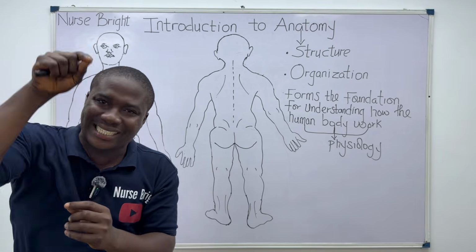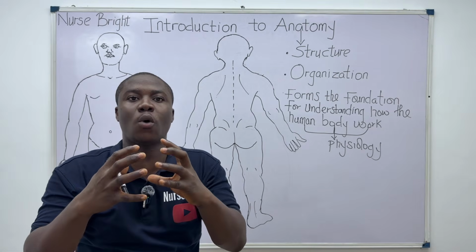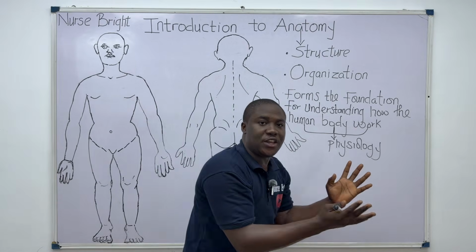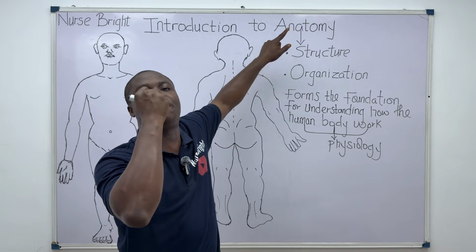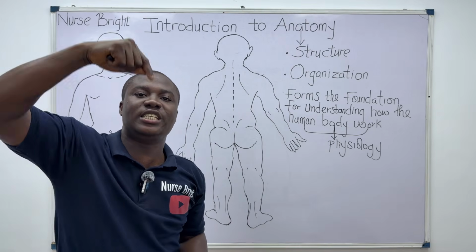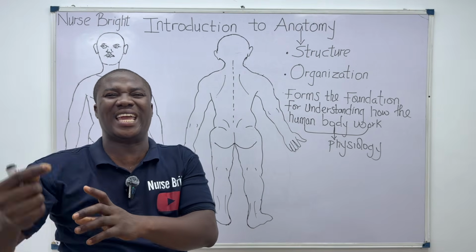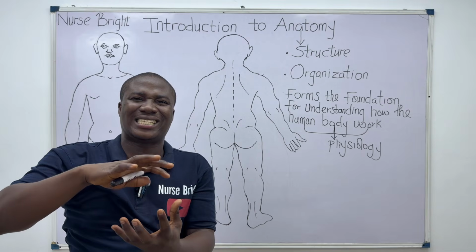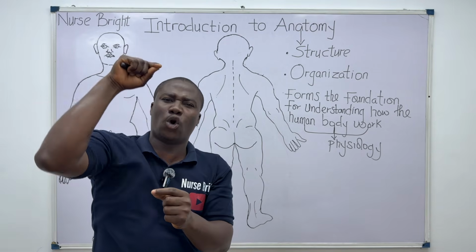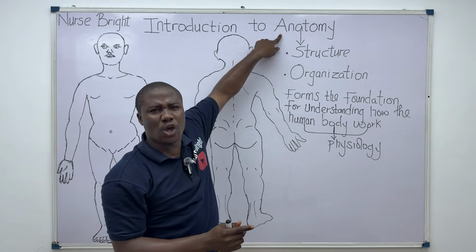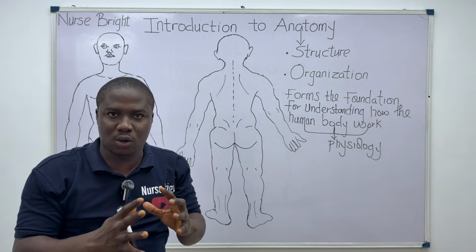You can see why anatomy and physiology are studied together. For you to be able to understand physiology properly, you need a very firm foundation in the subject anatomy. And in the course of this class lesson, I'm going to explain all the bases you need to know as far as the subject anatomy is concerned.